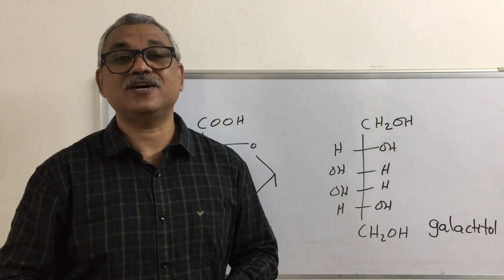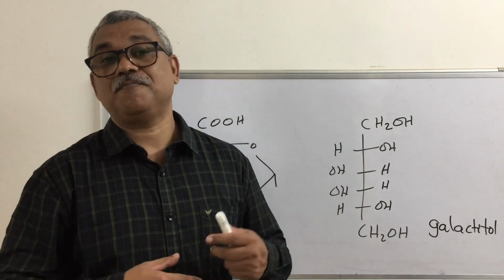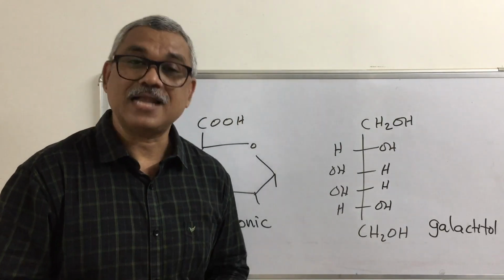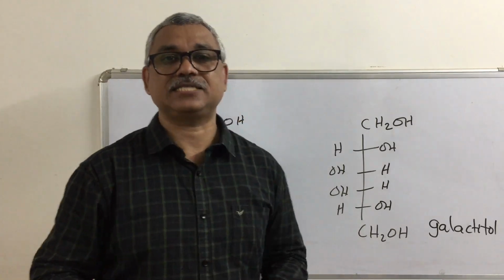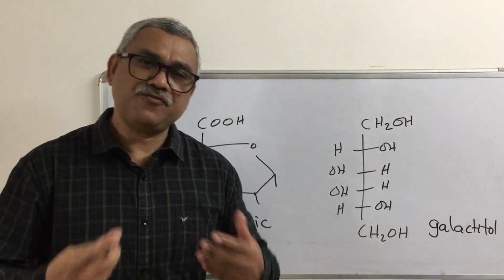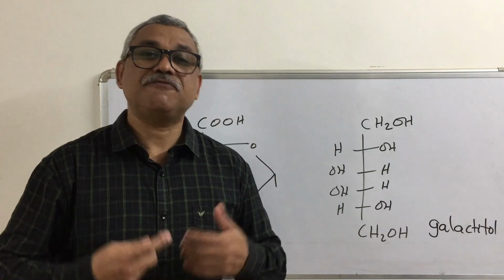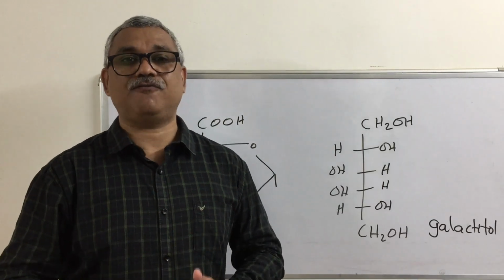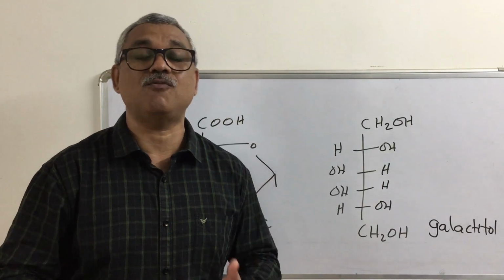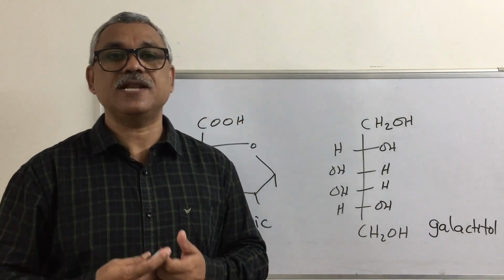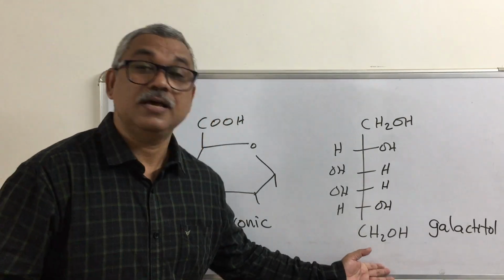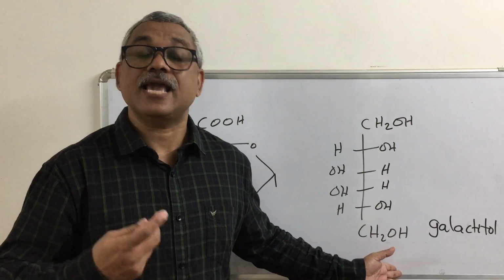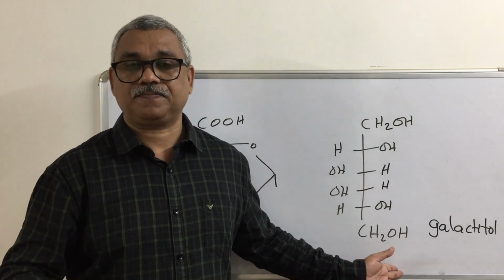Galactose can be converted to its alcoholic form, galactitol. As we become old, if there is excessive consumption of galactose, for example in the form of milk, there is a possibility that galactitol can accumulate, especially in the eyes.